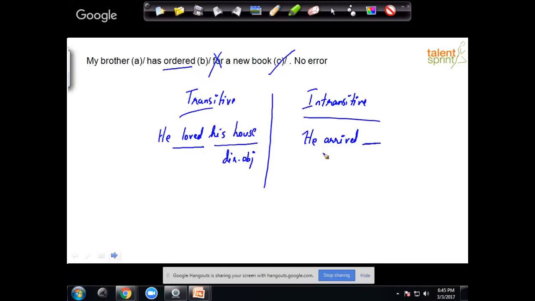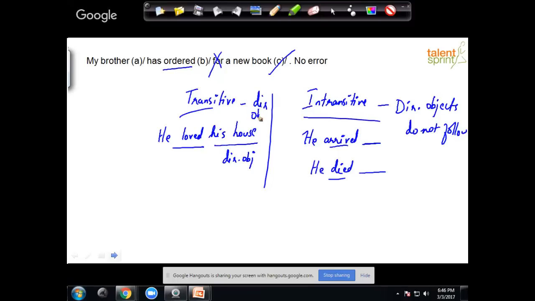You following? Or if I say he died. These verbs don't have any direct object. So with intransitive verbs, direct objects do not follow. With transitive verbs, direct objects follow.